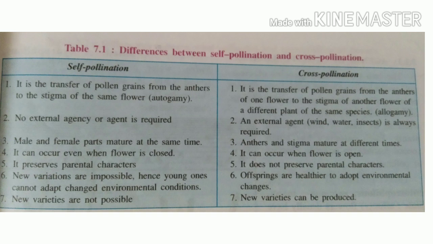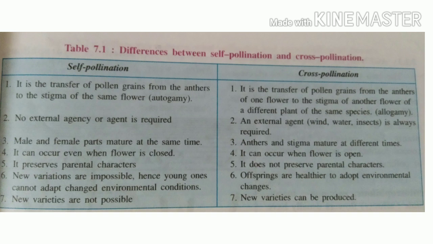In self-pollination, the male and female parts mature at the same time. In cross-pollination, anthers and stigma mature at different times. Self-pollination can occur even if the flower is closed, but cross-pollination can occur only if the flower is open.